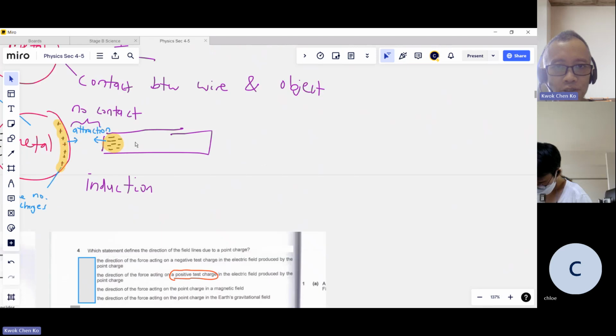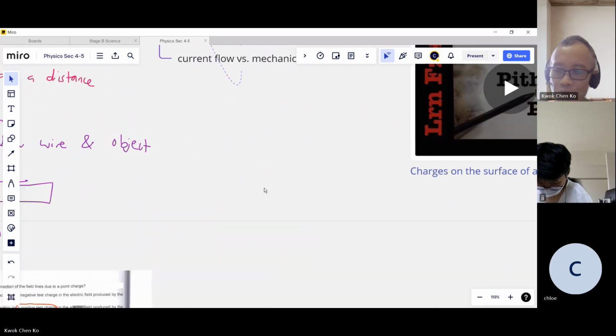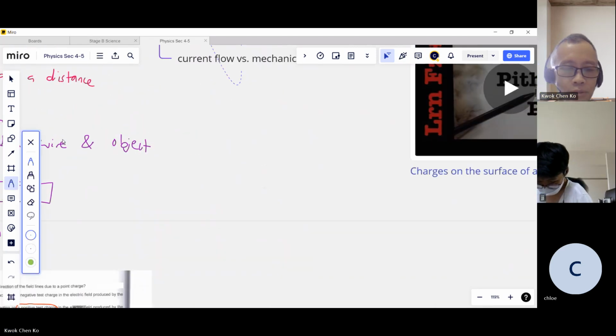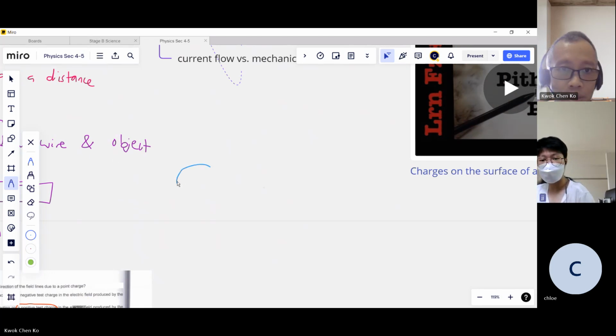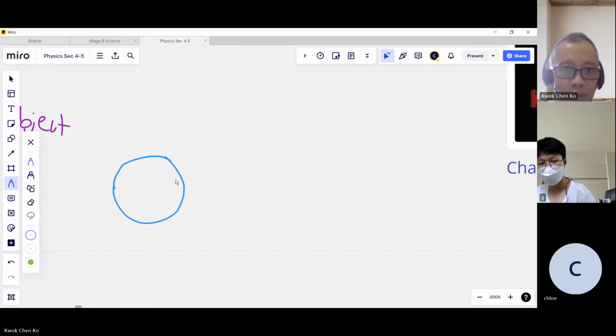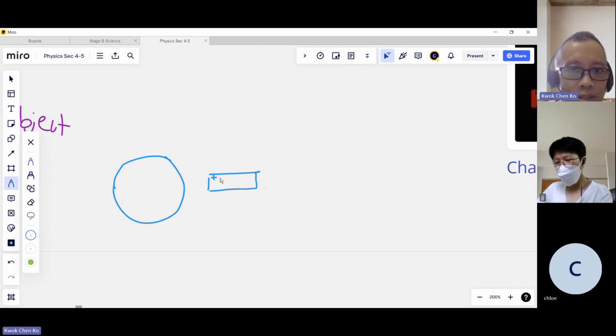Let's say, just one last thing about this. Again, I have a conductor. So if I have this object here, which is positive, this side will become negative, and the opposite side becomes positive.